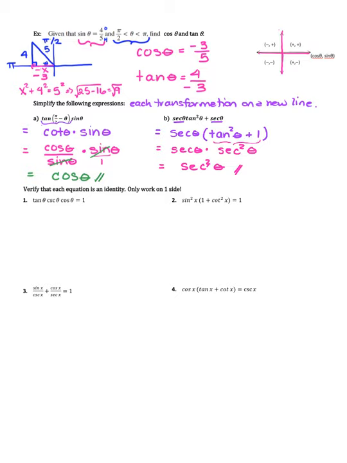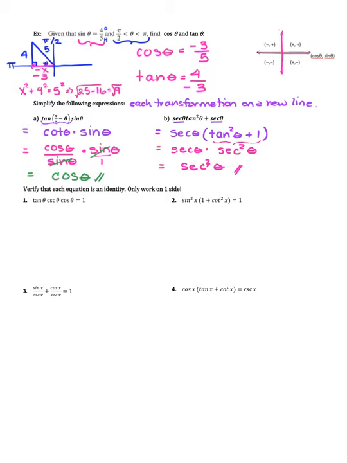All right, so it's really about knowing what the identities are, so keep them handy as a reference. Now, these are simplifying, which in some cases is harder because you don't know where you're going. You're just simplifying, but the idea is you usually get it down to one term and that's it.